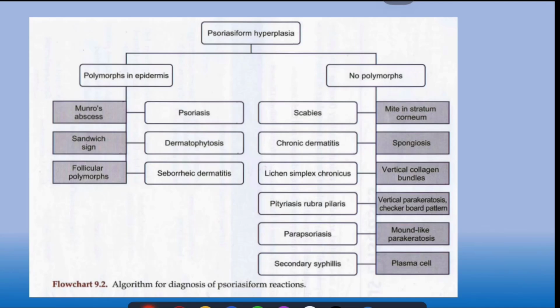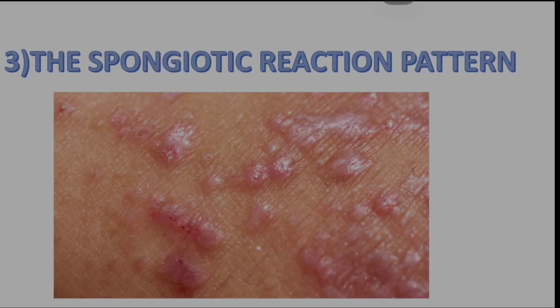Spongiosis if present is chronic dermatitis. Vertical collagen bundles in lichen simplex chronicus. Vertical parakeratosis with checkerboard pattern is pityriasis rubra pilaris. Moon-like parakeratosis is psoriasis, and plasma cells mainly in secondary syphilis.